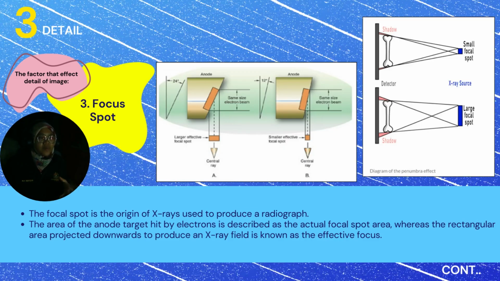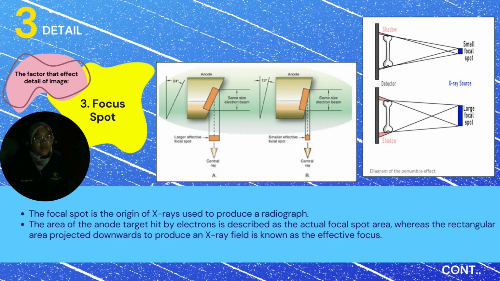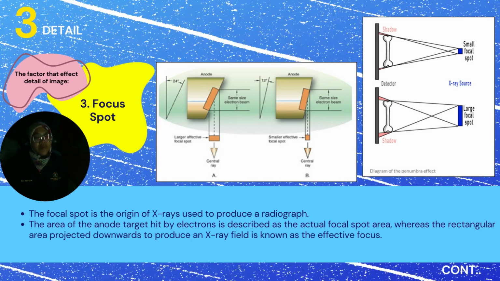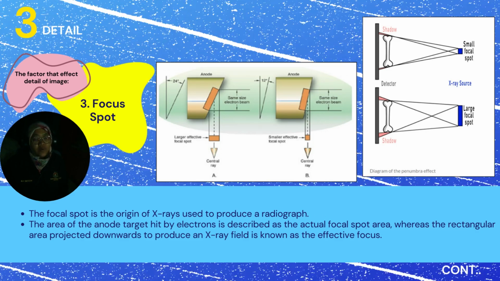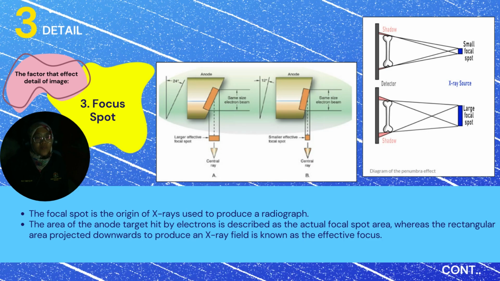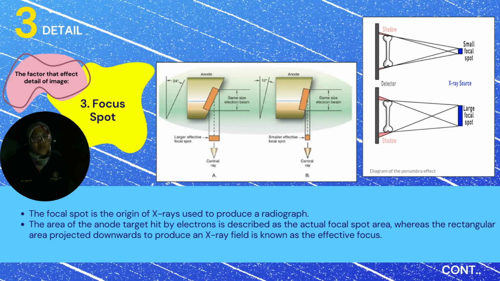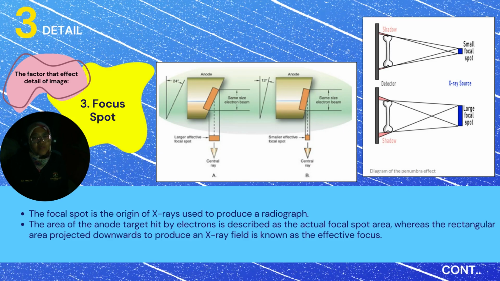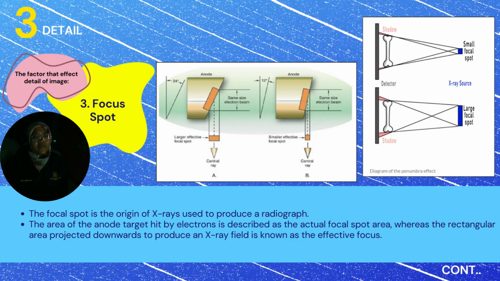Focal spot size also affects detail of the image. The area of the anode targeted by electrons is described as the actual focal spot area, whereas the rectangular area projected downwards to produce an X-ray field is known as the effective focus. The small focal spot gives you better detail compared to a large focal spot.